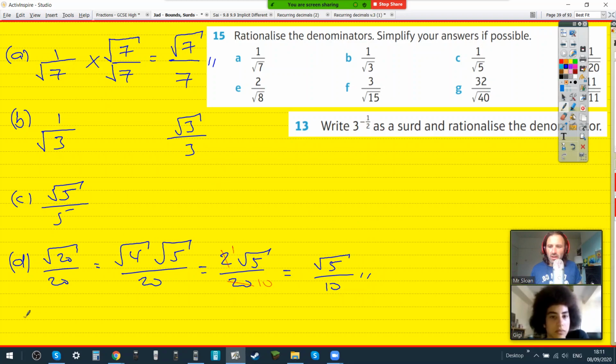Okay, question E. And you can always go back to that method if you're not sure. 2 over root 8.